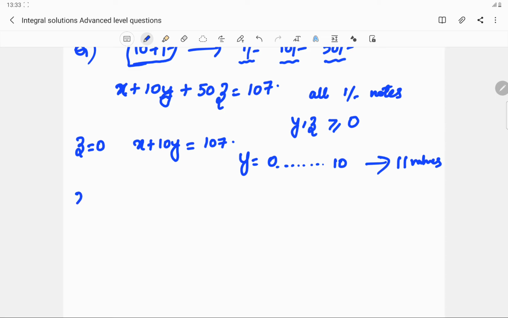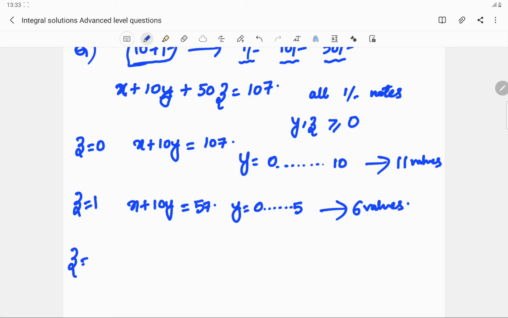Similarly, if z is equals to 1, then x plus 10y is equals to 57. So y can take the values from 0 to 5. That means there are 6 values which it can take.